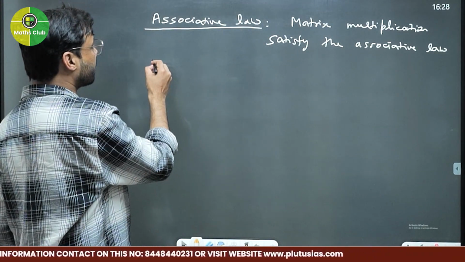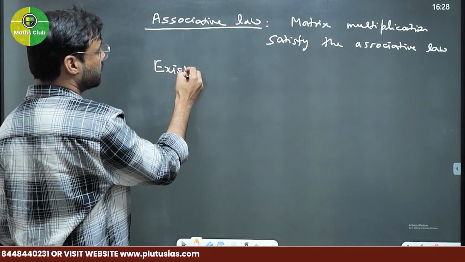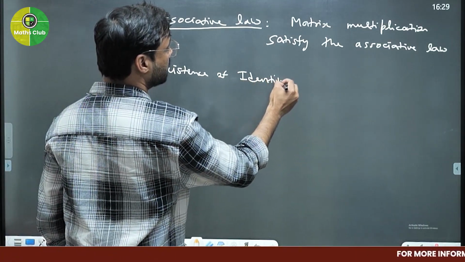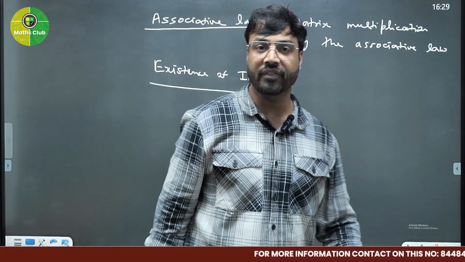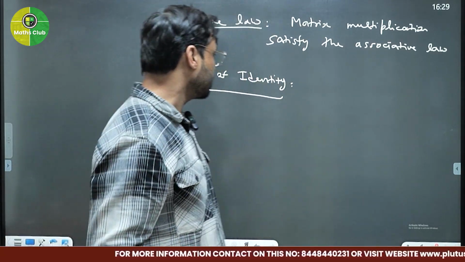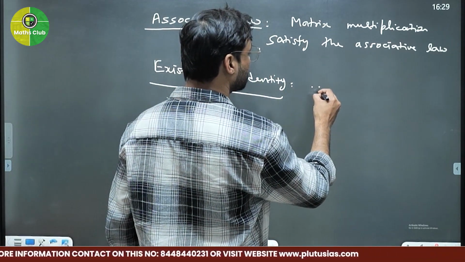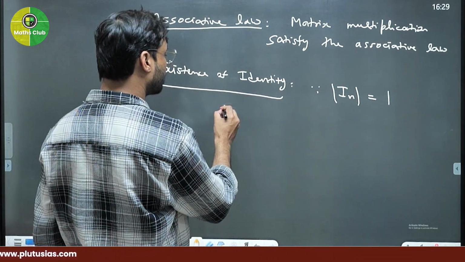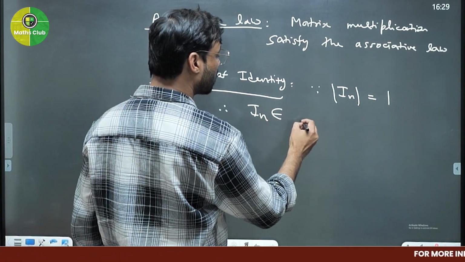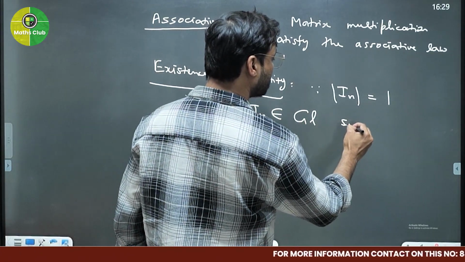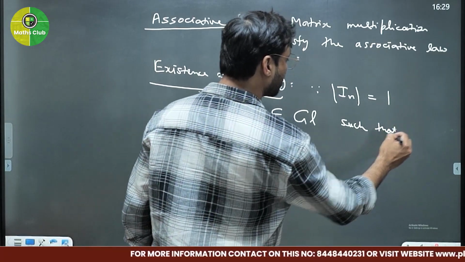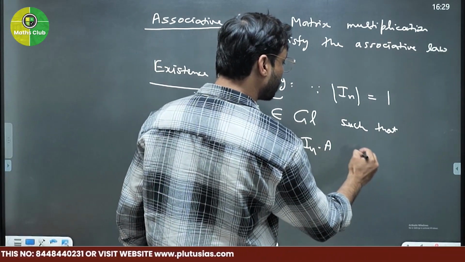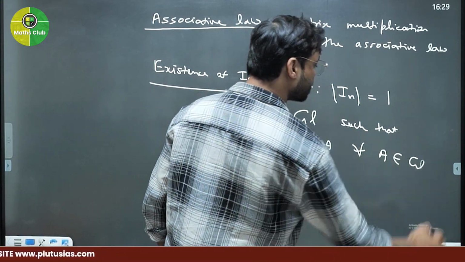And what about the existence of identity? We know that the determinant of the identity matrix I_n of order n is 1. Therefore, I_n belongs to GL such that A dot I_n equals I_n dot A for all A belonging to GL.